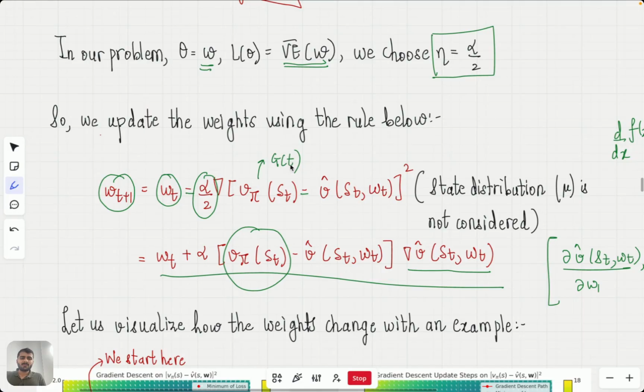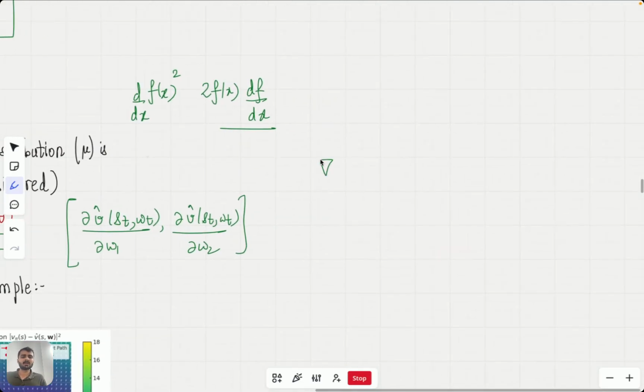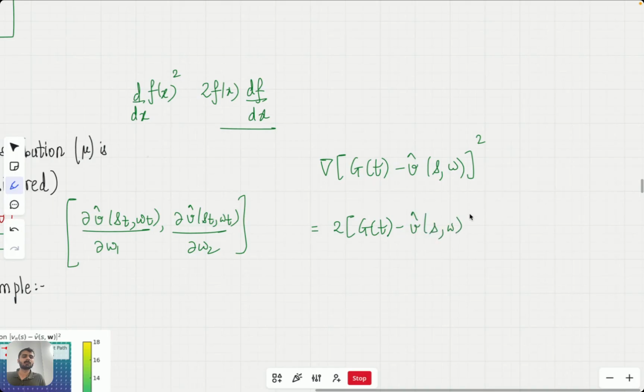Remember that when we were calculating this gradient, we are calculating the gradient of (G_t minus v hat of s comma w) whole square, which is equal to 2 times this into the gradient of G_t minus v hat of s comma w, minus the gradient of this.